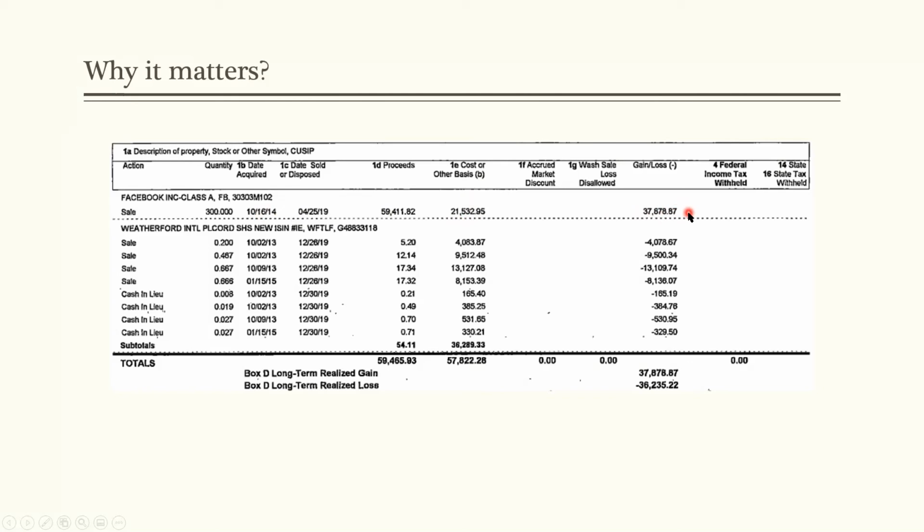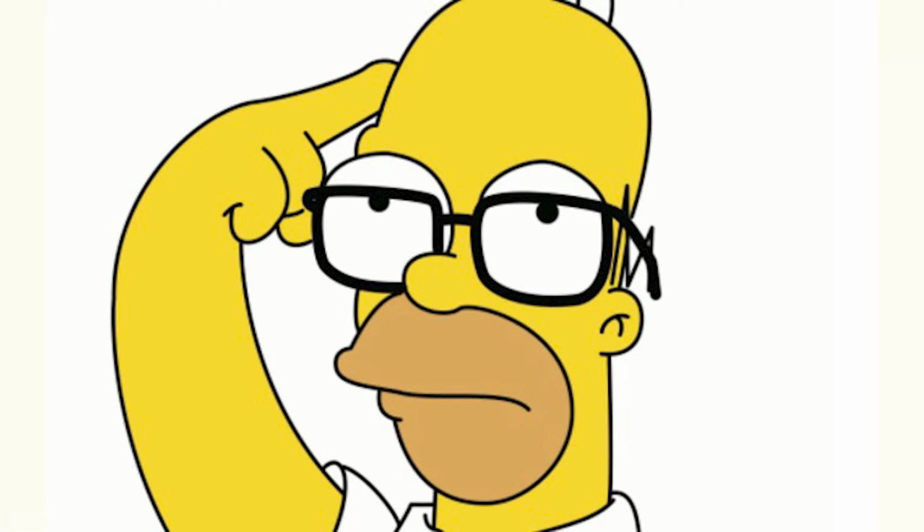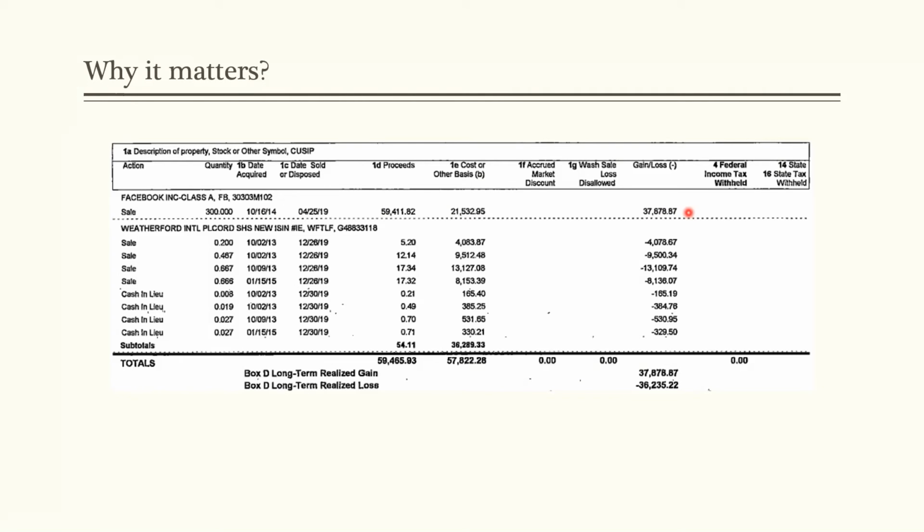But of course, then we get to net stuff together. We net our gains and we net our losses. So his smart CPA probably said, do you have any stocks that aren't doing so well that you don't think will recover? And he said, why, yes, I do. And I said, well, if you'll sell those before the end of the year, we can net it together and then you'll cut down on your taxes.